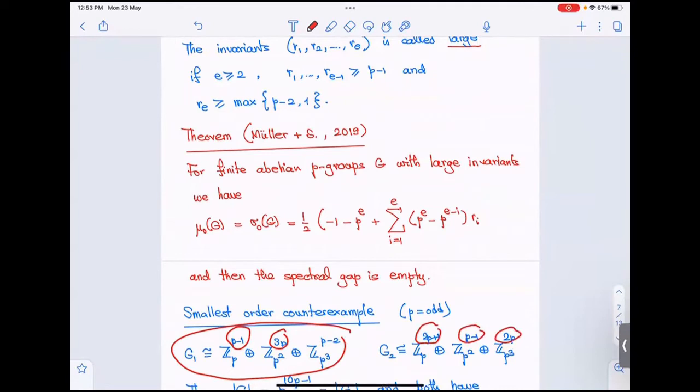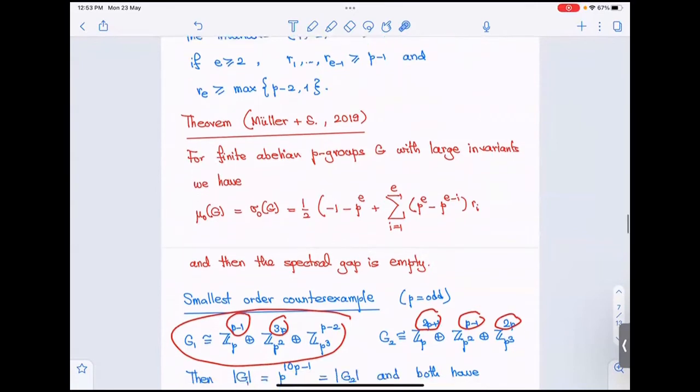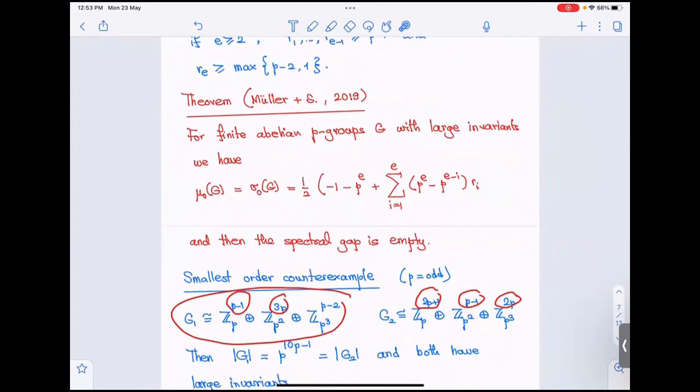First one is 2p plus 1, second one is p minus 1, and third one is 2p. So again, from my definition of largeness, both of these are satisfied. And here I have to be slightly cautious. I'm taking p to be odd, obviously, otherwise this would be 0, and then there would be a problem.